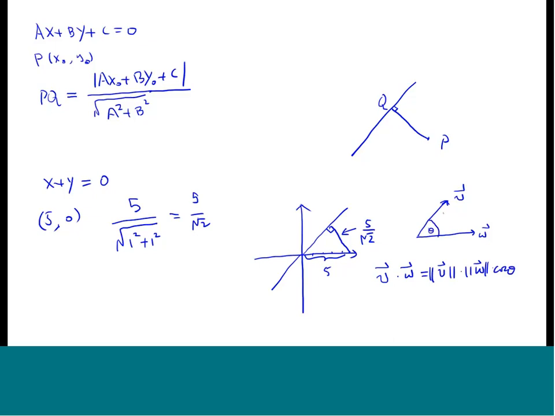So if you join this right triangle, V cosine theta just like that. This is A, this is B, this is C, D. So that just equals AB times W, right?